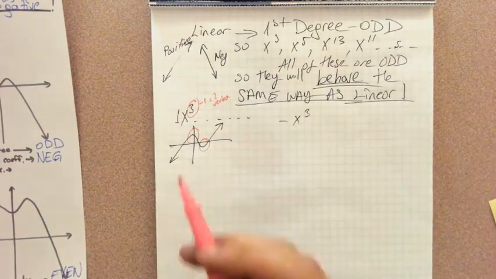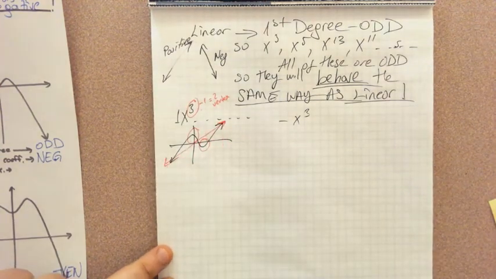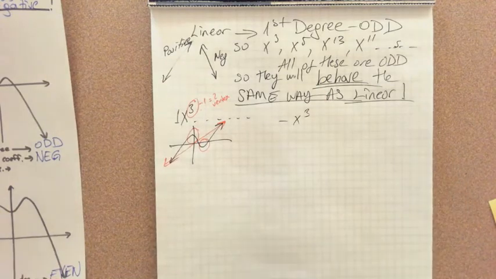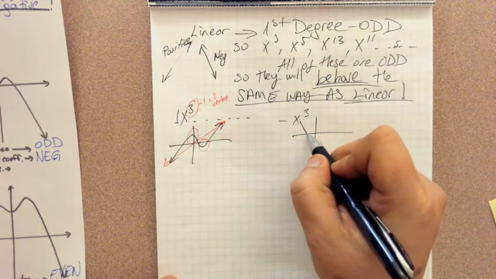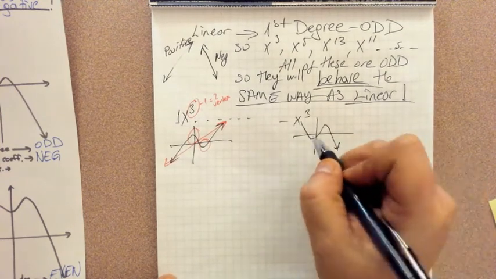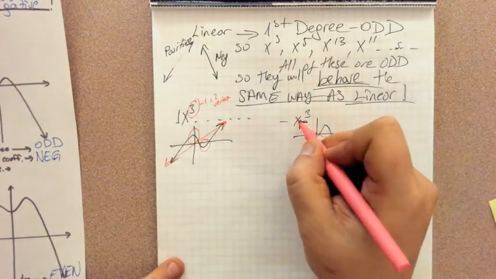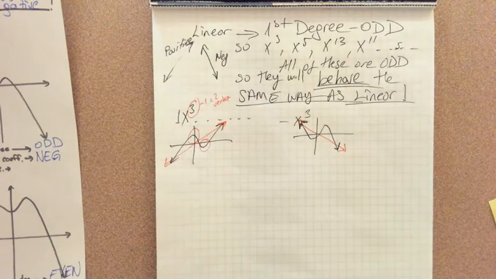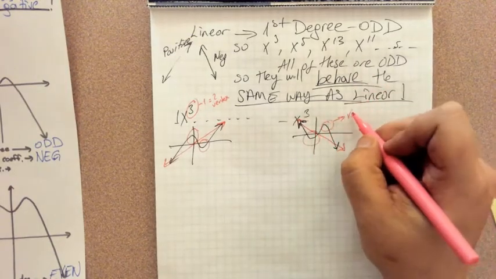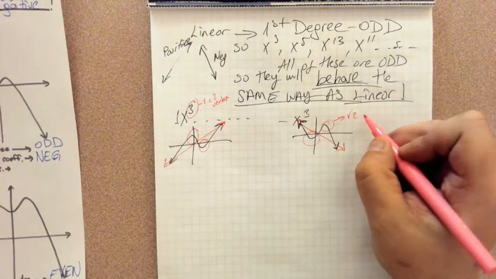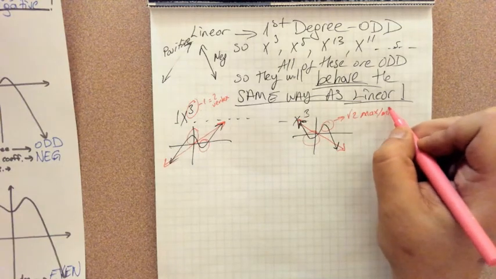The positive one resembles a positive slope. If I have a negative x to the third, I would have something like this, because this resembles a negative slope. And again, because it's x to the third, I have 2 max or minimum.